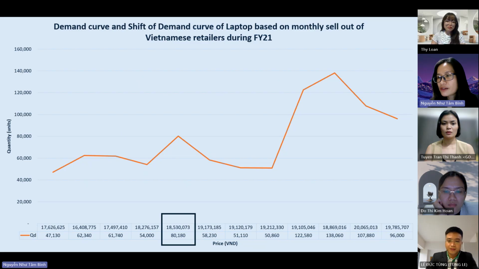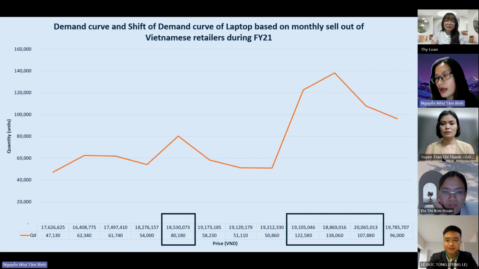The demand curve drastically shifted rightward after lockdown since September, and the price had a slight decrease. Demand now became elastic again. People were back to work and needed to buy new laptops for online and remote working.